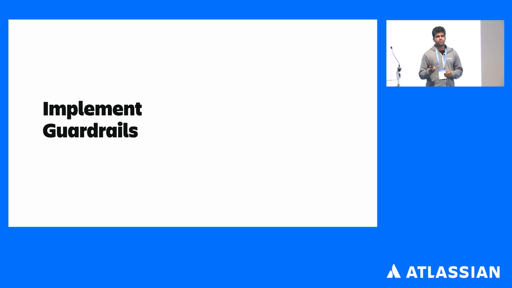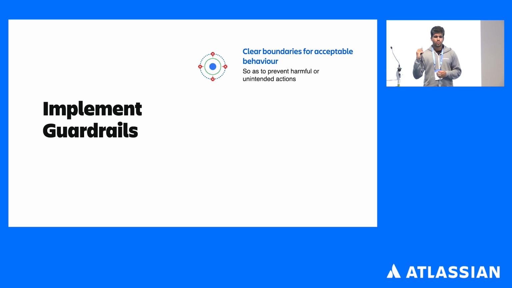Another way of improving the prompts is by implementing guardrails. So guardrails are something like what not to do or how not to do something, telling that to the AI agent. So one way to do it is by specifying clear boundaries for what is acceptable and what is not acceptable.